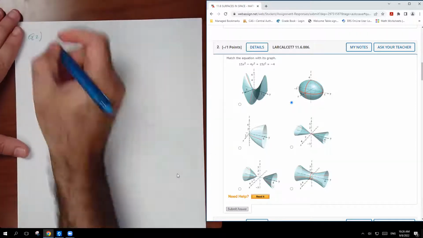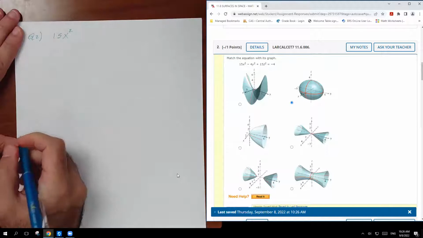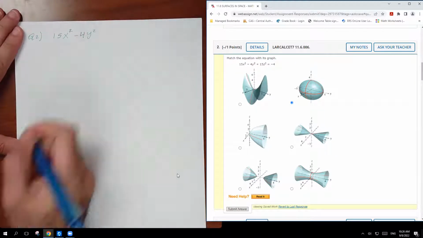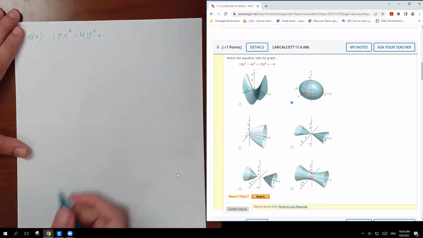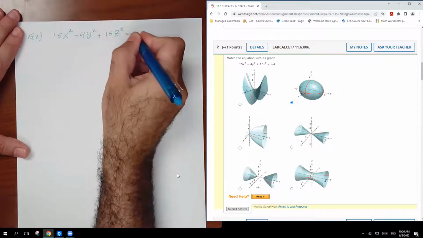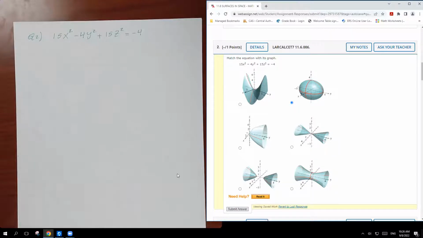15x squared minus 4y squared plus 15z squared equal -4. So what I'm going to do, I'm going to divide both sides by -4.